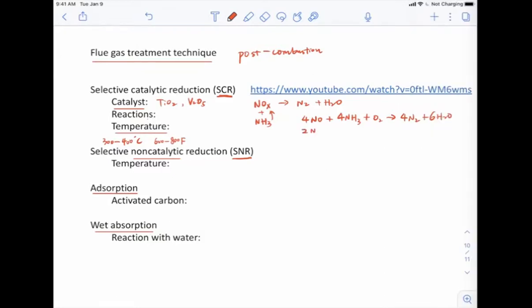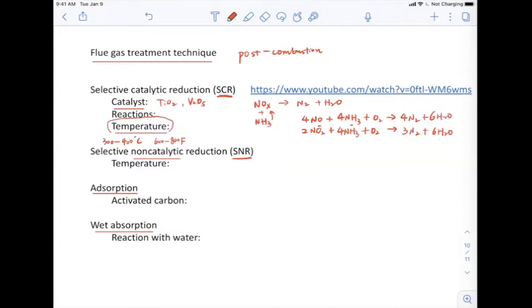Or if you're dealing with nitrogen dioxide, okay. So if you're dealing with nitrogen monoxide or nitrogen dioxide, you have to use different ratios of these nitrogen oxides and ammonia.